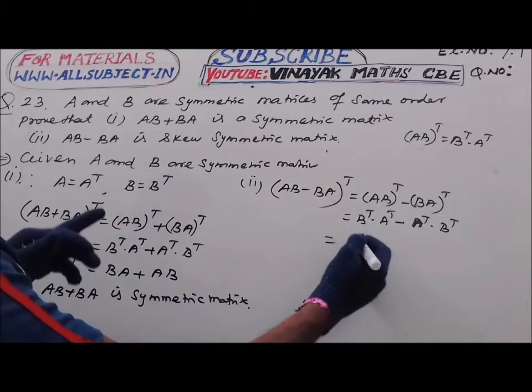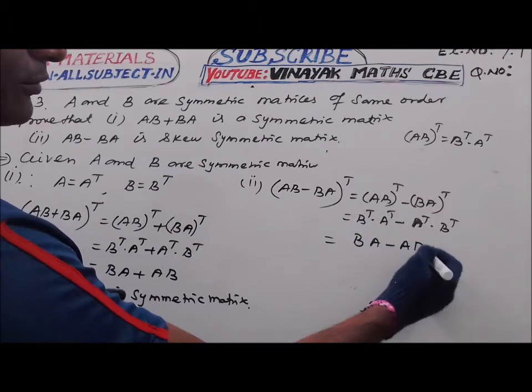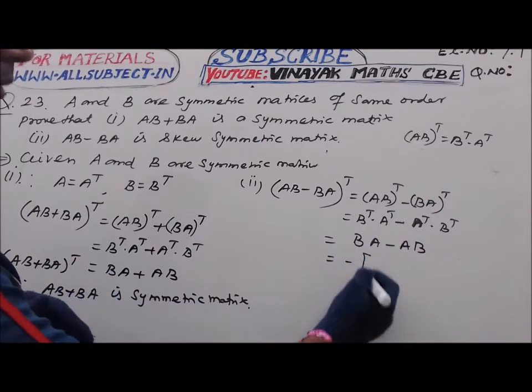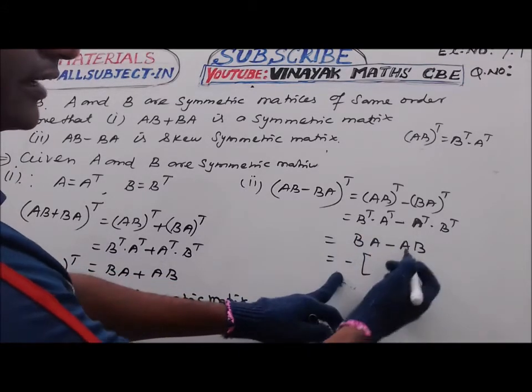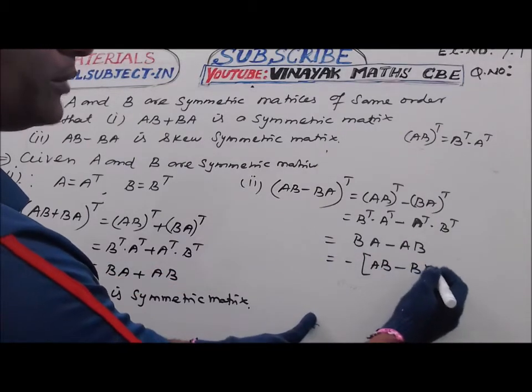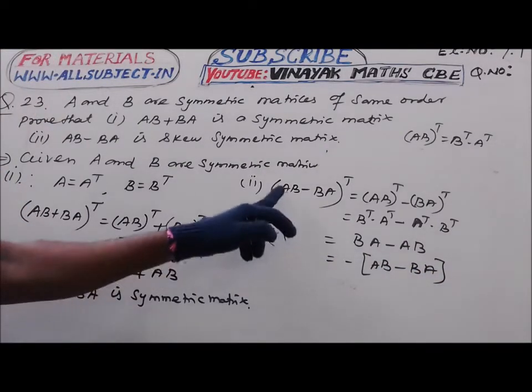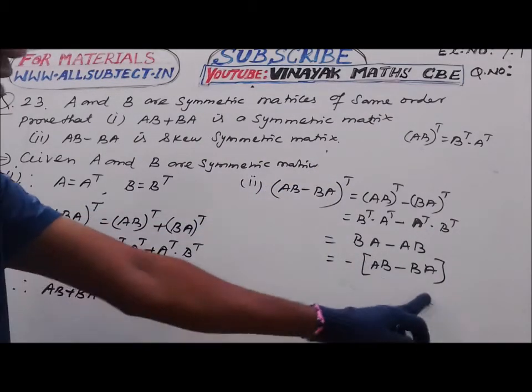Now B transpose is B, A transpose is A. Now taking minus as common, these two change their sign. So minus AB becomes plus AB and plus BA becomes minus BA. This means (AB minus BA) whole transpose is equal to minus of (AB minus BA).